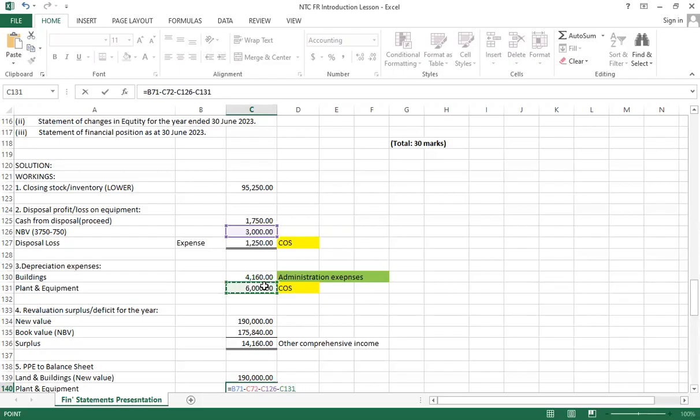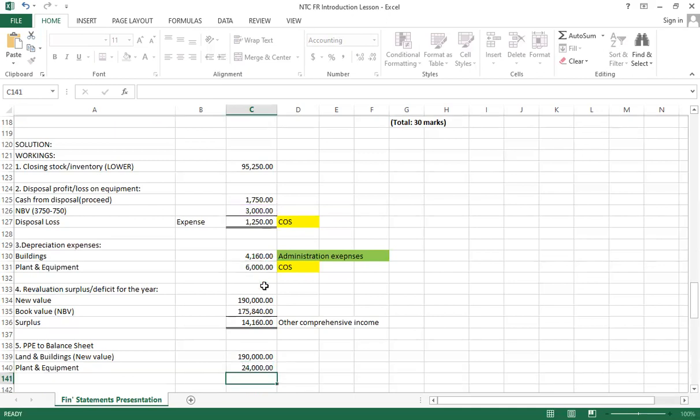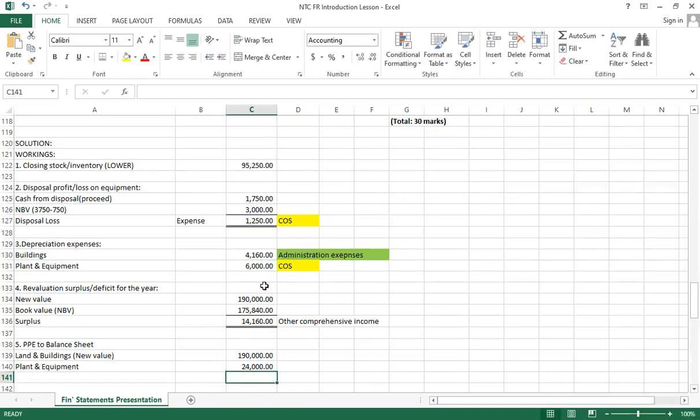So that is it. The plant and equipment value comes to that 24,000.